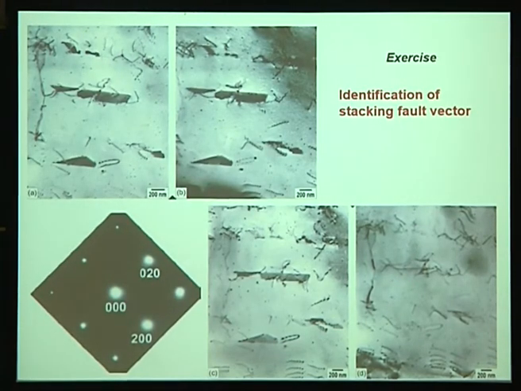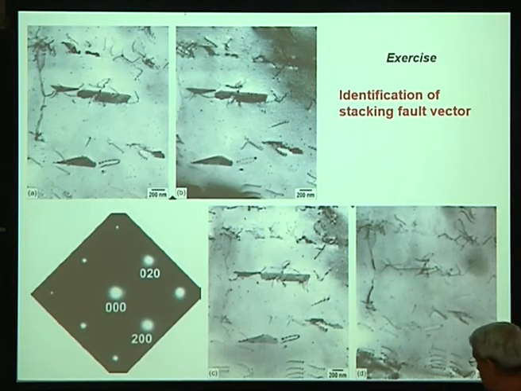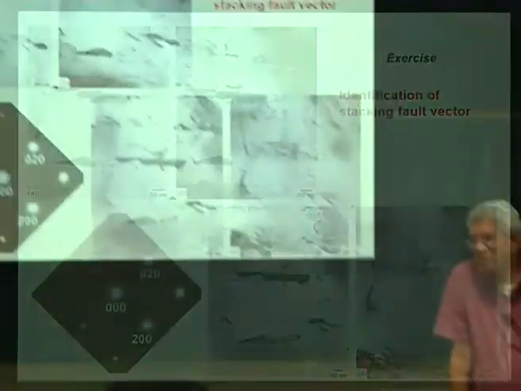This is the pattern in which two beam conditions have been made with some of these reflections, with which these images have been obtained. You can see that for some particular reflection, the stacking fault is absent. Now I want you people to find out which is the reflection for which this stacking fault is absent. What are the possible reflections which could have given this fault invisibility? What could it be?